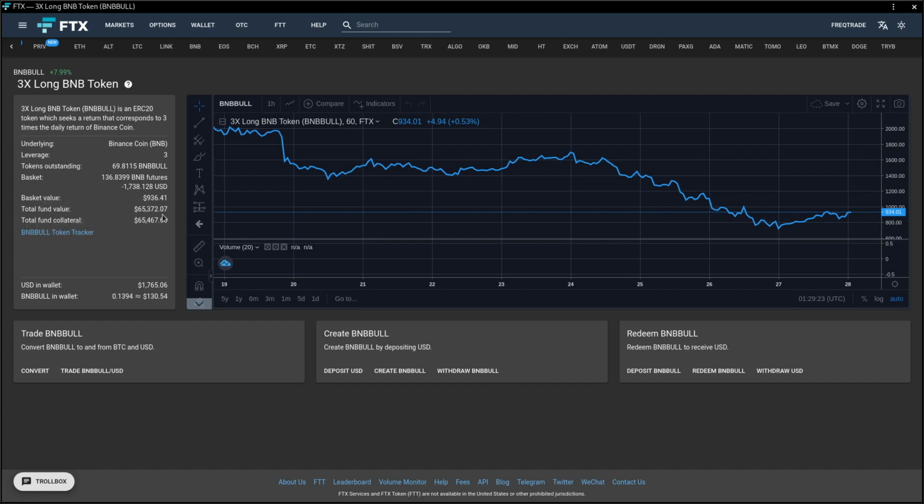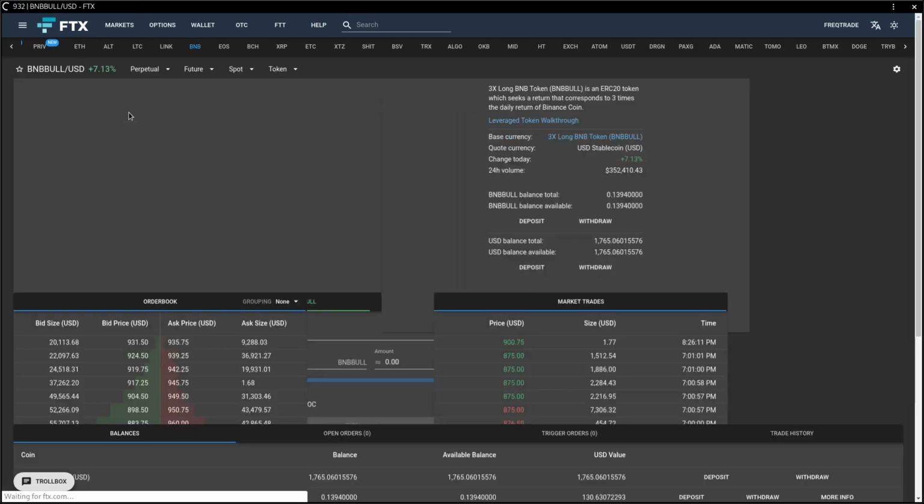FTX used to have 10 times long or 10 times short, but those things were really volatile, and there were a lot of complaints from the users that did not understand them, and they got delisted this month. But anyways, the point is that since Freqtrade can manage spot markets really well, and these tokens, right, you can get negative exposure.